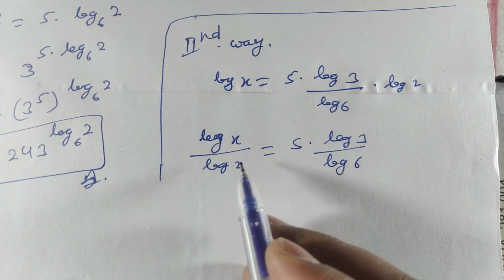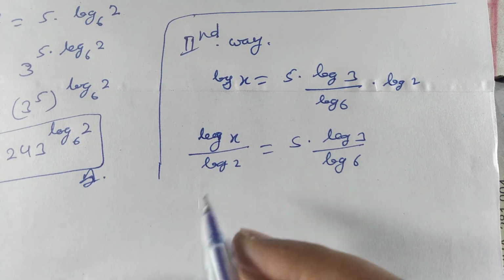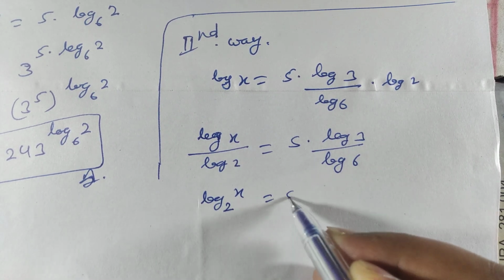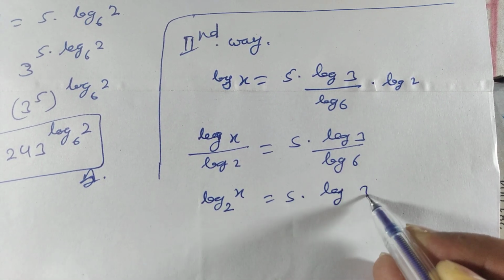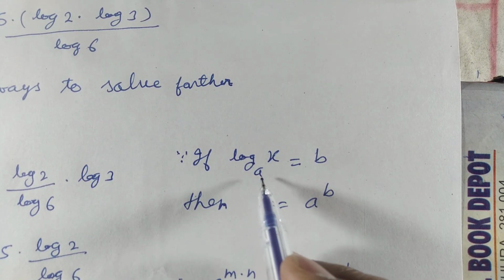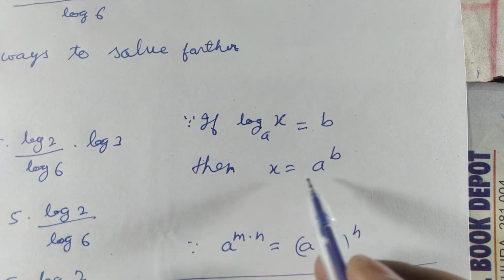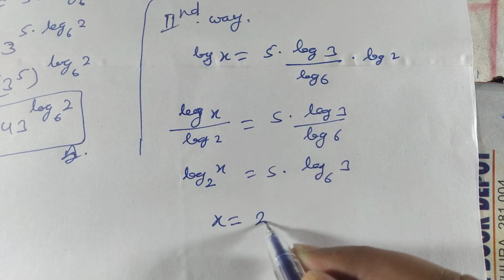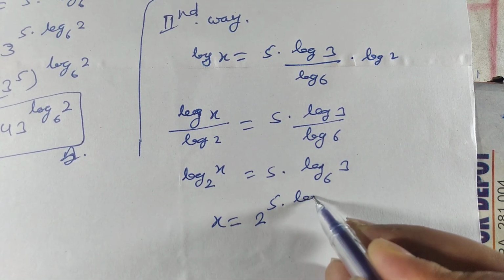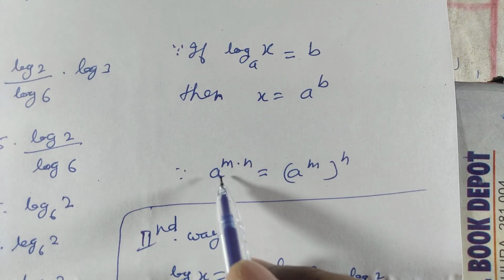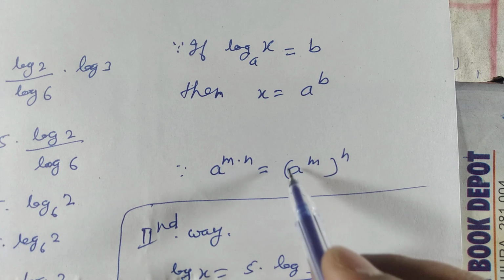Applying properties of logarithm, log of x base 2 is 5 times log of 3 base 6. If log x base a is equal to b, then x is equal to a to the power b. Applying this law here, x is equal to 2 to the power 5 times log of 3 base 6, and a to the power m into n is equal to a to the power m whole to the power n.